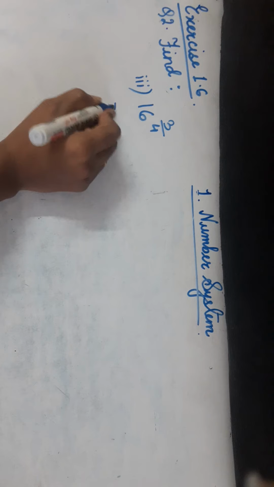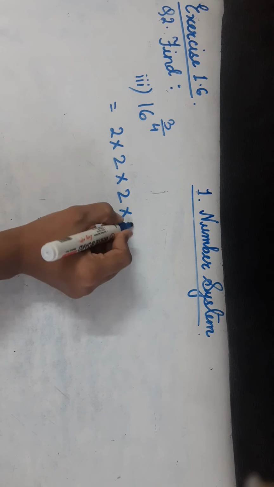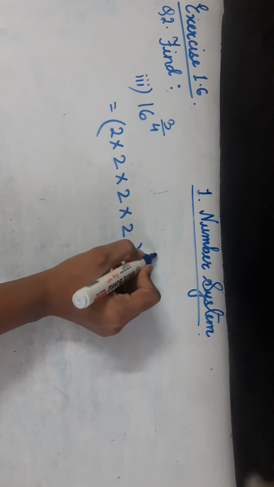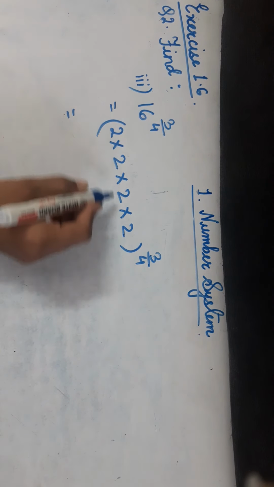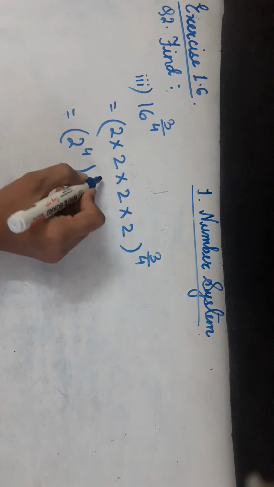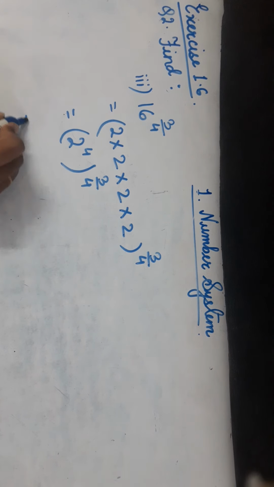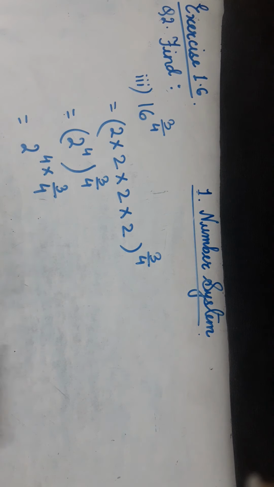Now that 16 can be written as 2 into 2 is 4, 4 2s are 8, 8 2s are 16. Whole raised to 3 by 4. So 2 is multiplied how many times? 4 times. So 2 raised to 4, and this 3 by 4 as it is. Now apply the law of exponent over here. It will be 2 raised to 4 into 3 upon 4.